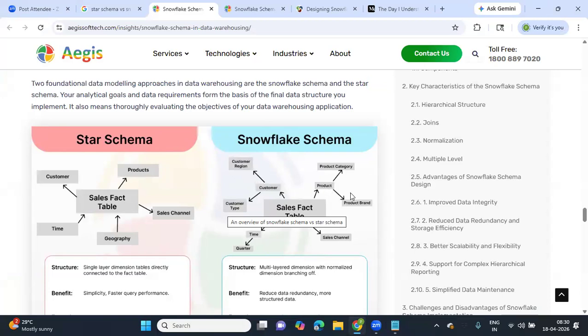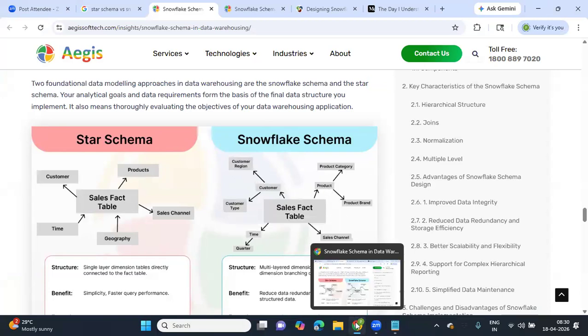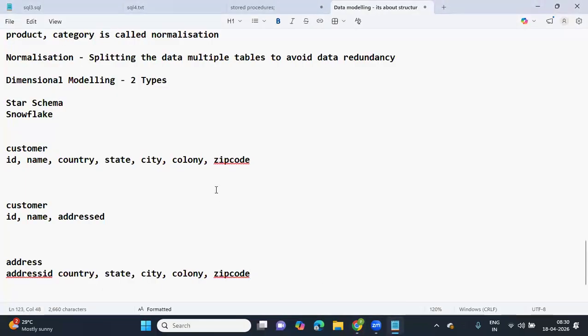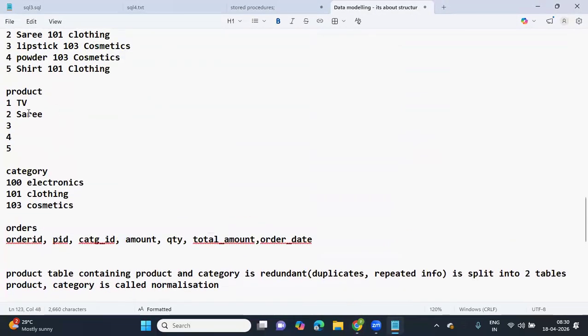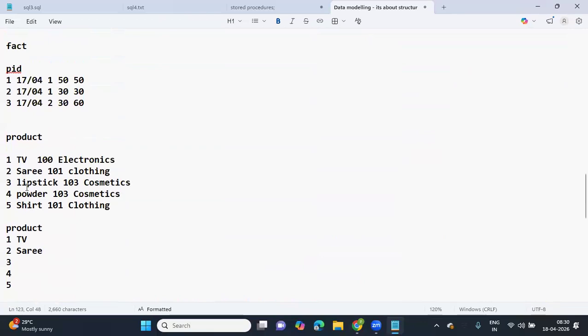We are splitting that into, let's say, in our product table, we have just a TV, TVs, lipstick. Let's say we also have the brands here: Samsung TV, or some Nykaa lipstick, or some Pond's powder, or some Arrow shirt. We have some brands here with the brand ID.